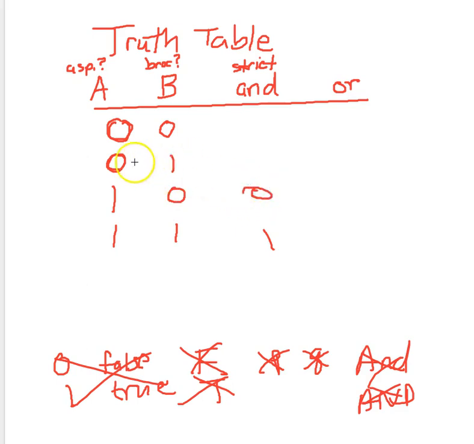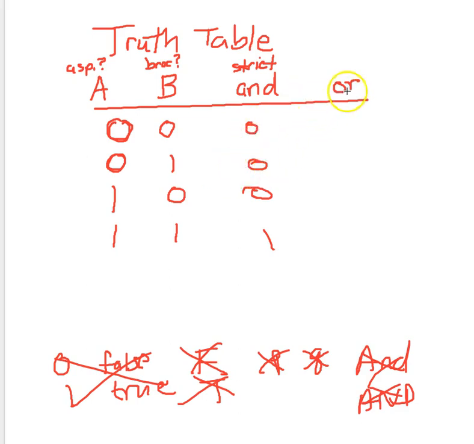This person, even though they did eat broccoli, because they did not eat asparagus, they do not get dessert. And this child doesn't eat anything. So according to the strict parent and, since both sides are not true, that person does not get the overall reward of having dessert.